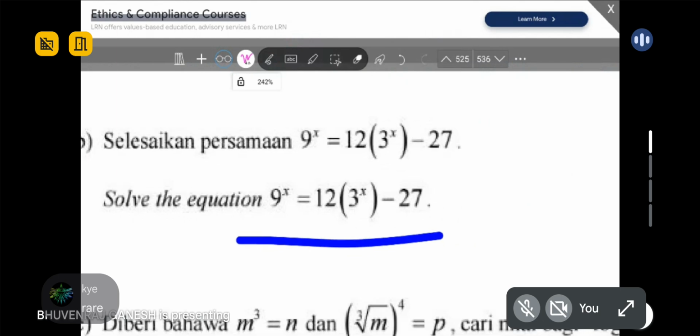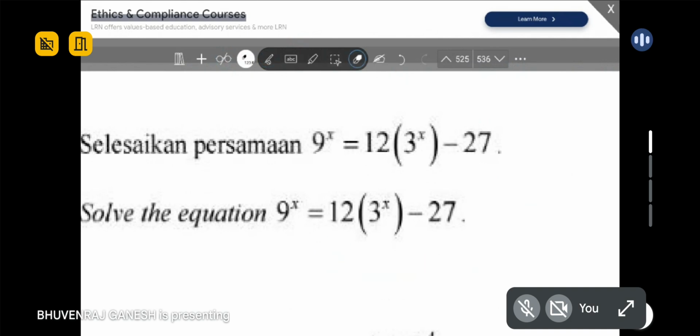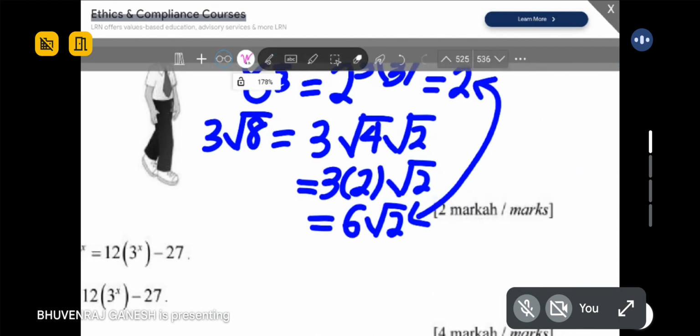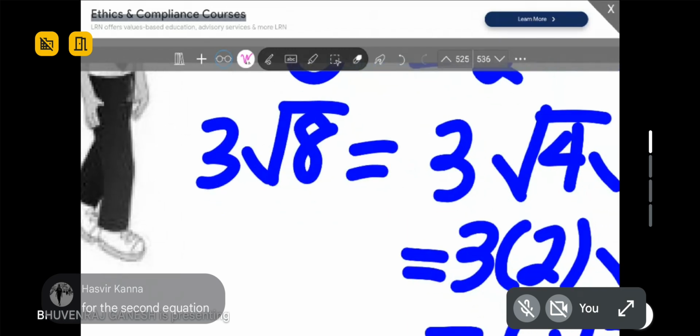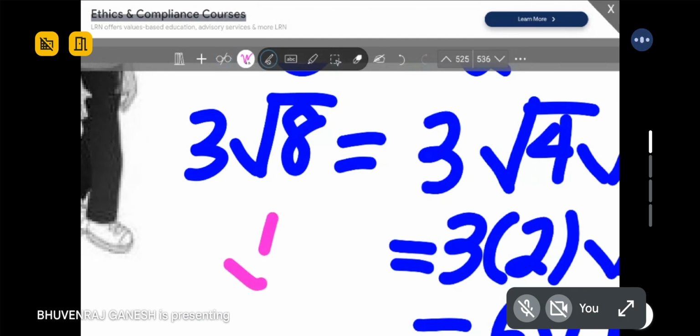Okay, so for this question, they ask you to find the x. For this one, you must think of some concept over here. What you can do is, in the calculator I got 2. Which one? 3 sert 8, is it? 3 sert 8, are you sure 2? Oh, it's not cube root. It's 3 times sert 8. Don't be mistaken. This one and this one are different.